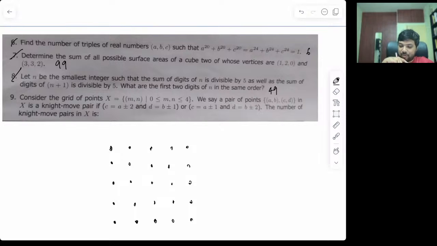Consider the grid m comma n, 0 1 2 3 4. We say a pair of points in x is a knight pair move if you start from any a comma b. Let's mark it.